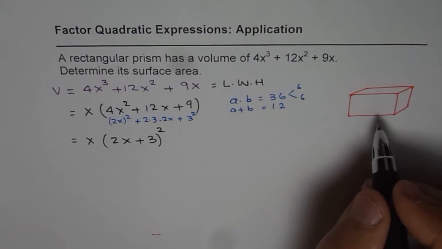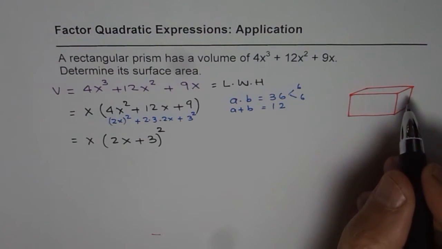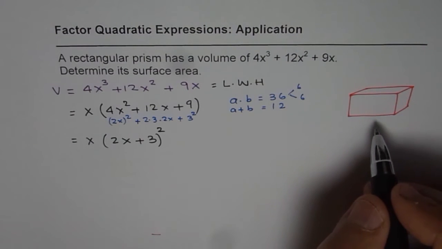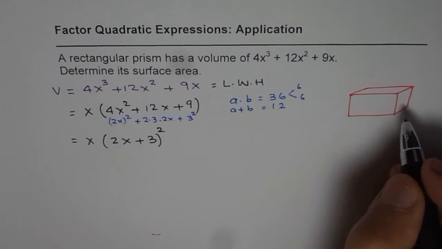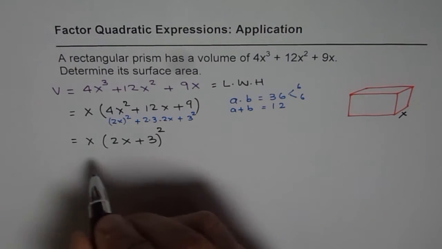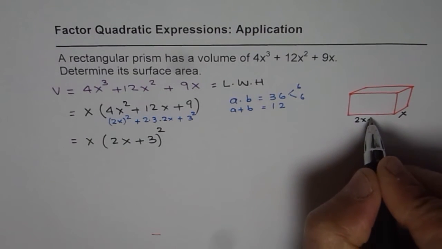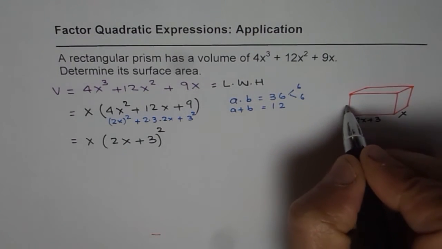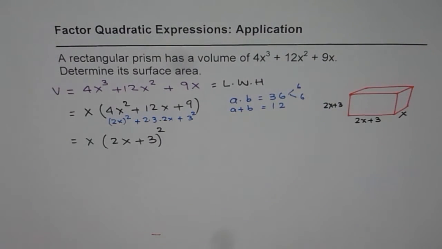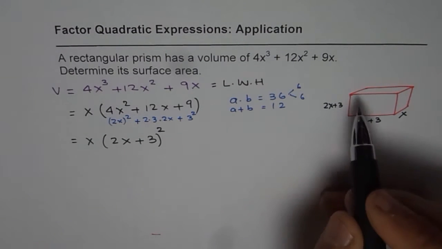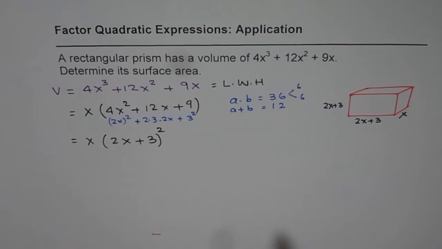Anyway, we will write the dimensions here for the prism drawn. It may not represent it exactly, but let's write x here for one of the sides, and the other two sides I'll write 2x plus 3, and this is also 2x plus 3. So basically it's a square based prism where two sides are the same.